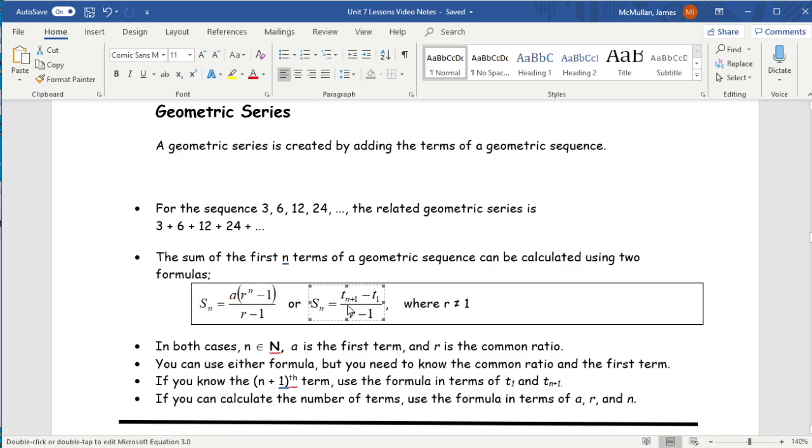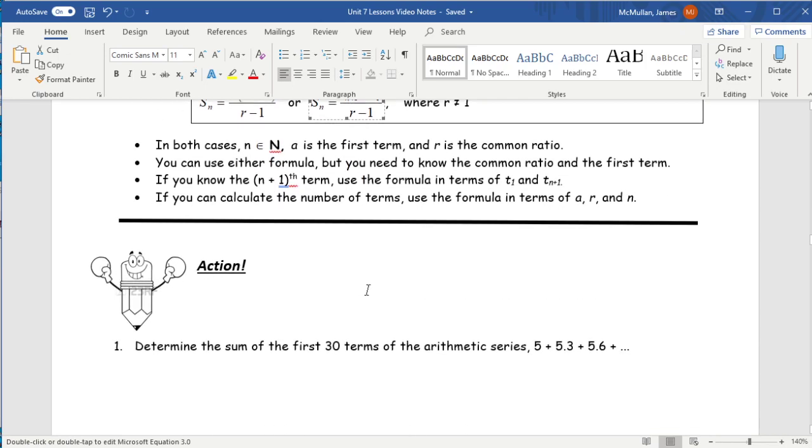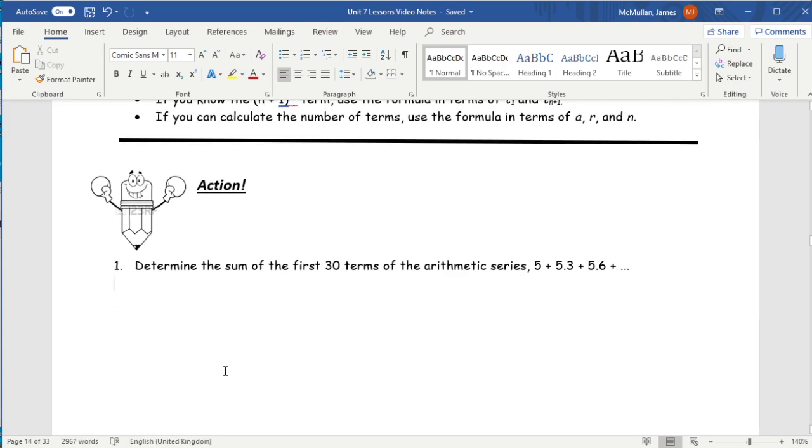It says take the next term, not the term I'm asking you to count to, but the next term, subtract the first term, and then divide all of that by the common ratio minus 1. Of course the common ratio cannot be 1, because if it's 1, then every term is just the same, since you're just multiplying by 1 over and over again. I think this is a fascinating formula. Anyway, let's use them, since that's our job today.